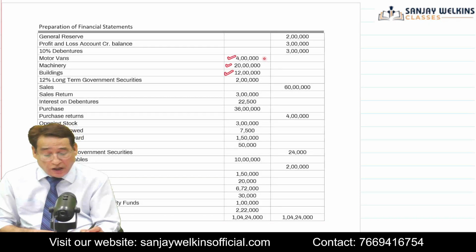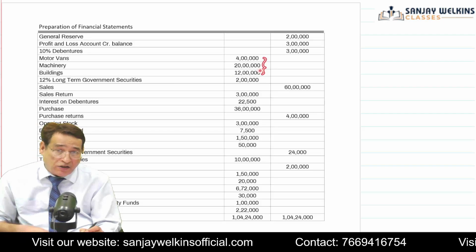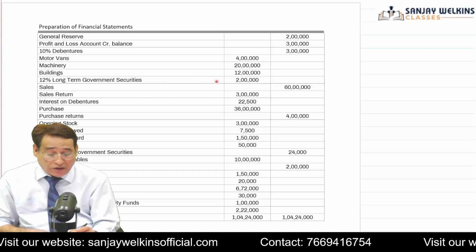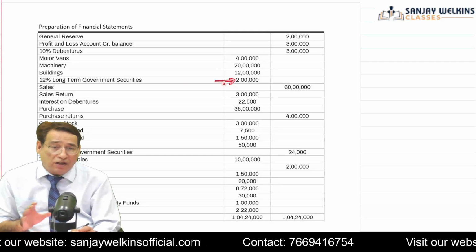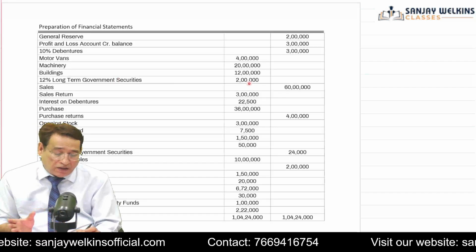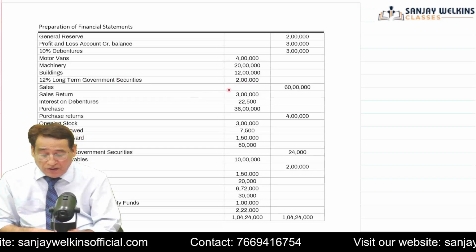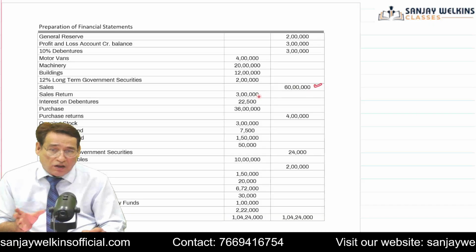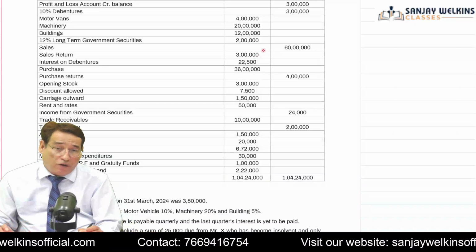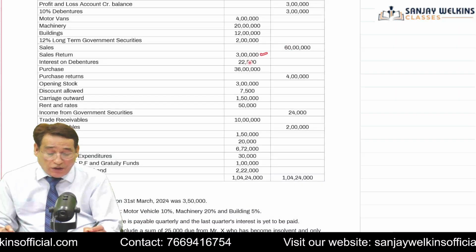I need not tell you all these are tangible property, plant and equipment. Then we have long-term government securities. Long-term government securities means we have made some investment, so being long-term, they are non-current investments. Then we have sales. Obviously, sales will come under the statement of P&L under the first item, revenue from operations. Then sales return, we are going to subtract the same.